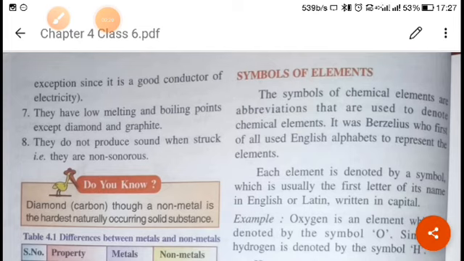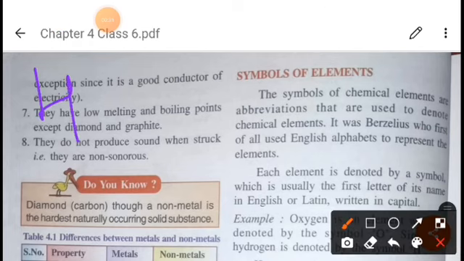When we talk about the symbols of elements, the symbols of chemical elements are abbreviations that are used to denote the chemical elements. Suppose we have hydrogen here.